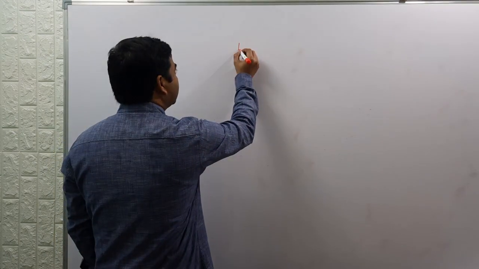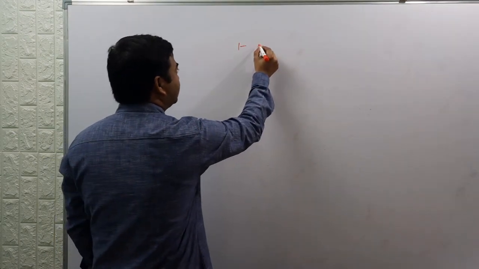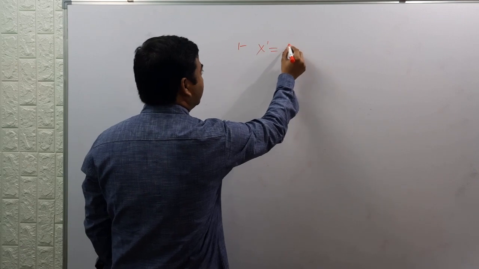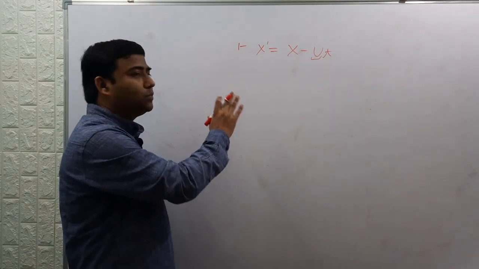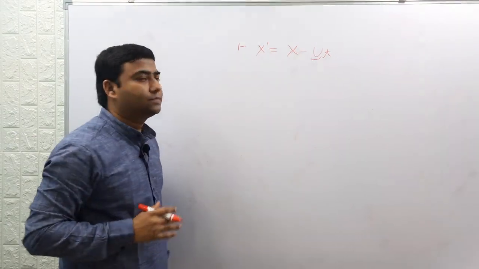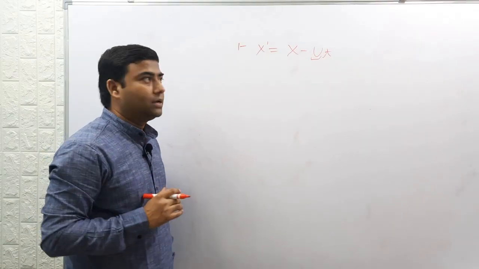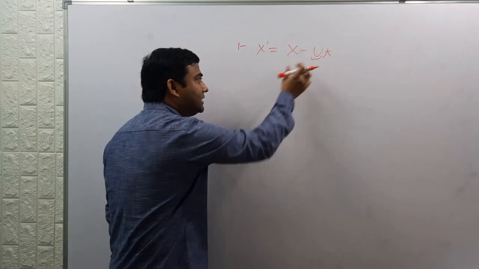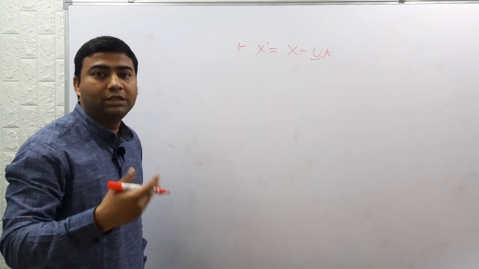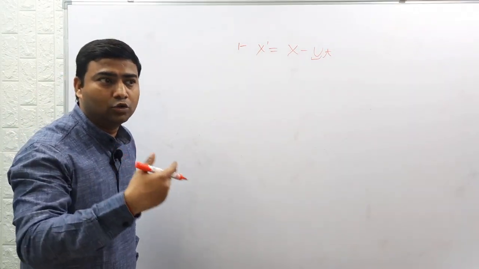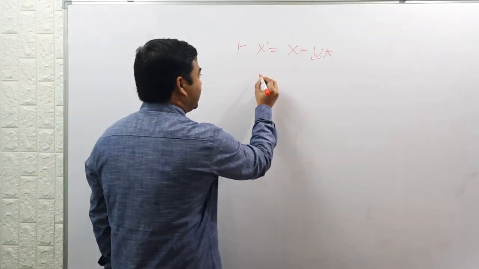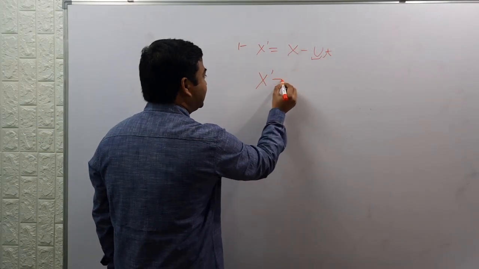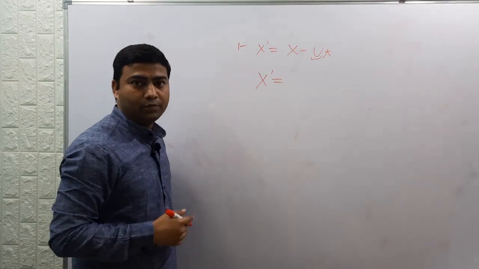The first condition is the Galilean transformation, which we have said is x dash equal to x minus vt. For small velocities, this Galilean transformation is correct. But when the velocity is relativistic, close to the velocity of light, we find x dash by Lorentz transformation.